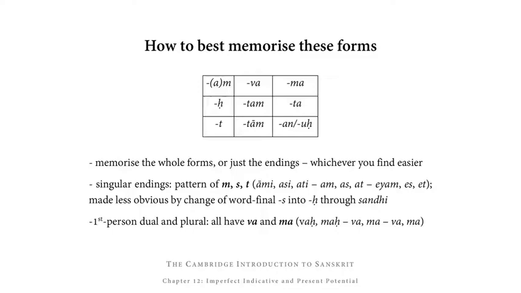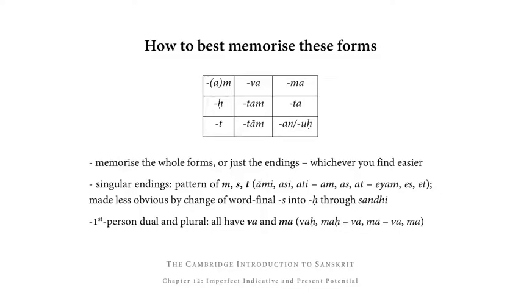Namely, in the present indicative, we have ami, asi, ati. In the imperfect indicative, we have am, as, at. And in the potential, we have eam, es, et. But this pattern is made less obvious by the sandhi change of word final s into visarga. Still, maybe you'll find it helpful.